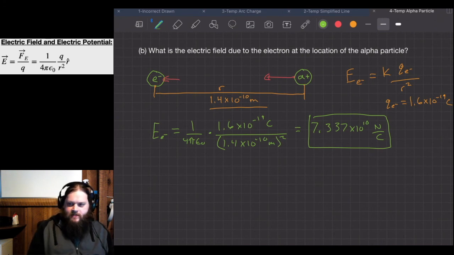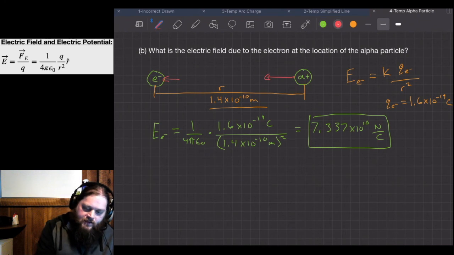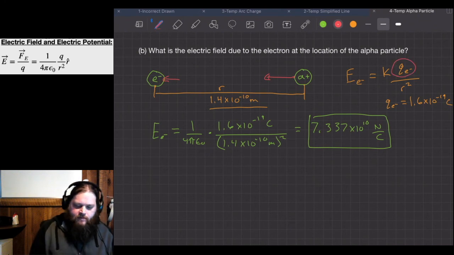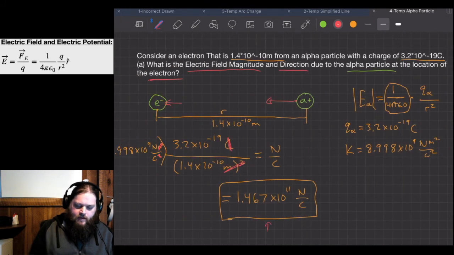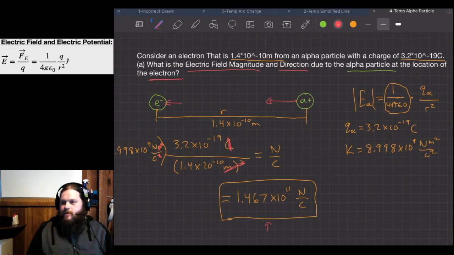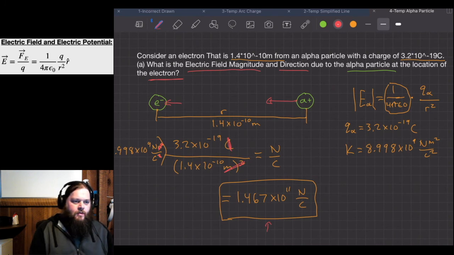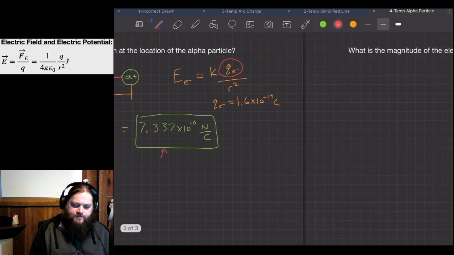And that makes sense because the alpha particle has a charge of 3.2, so the charge is about double as well. So it's a proportionality there. The same distance, the only thing we change is this charge by about a factor of 2, and our electric field differs also by about a factor of 2. So we can see the relationship with what happens when we increase the charge.